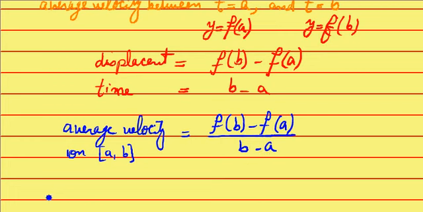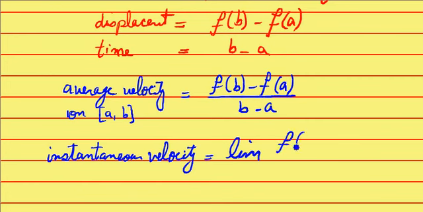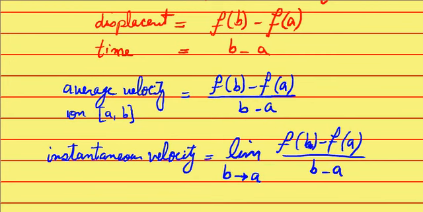So instantaneous velocity is going to be the limit of this expression, f of b minus f of a over b minus a, and say in this case b comes close to a. I could have used any letter here for this variable, so long as it doesn't collide with other letters I've used. So I could have used t, b, or anything. It would be all fine.